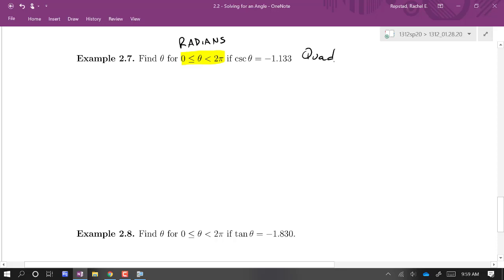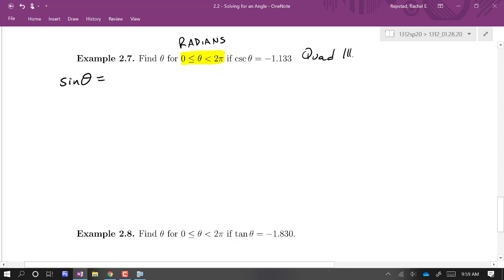And how do we know? Yeah, so if sine is negative, 3 and 4.